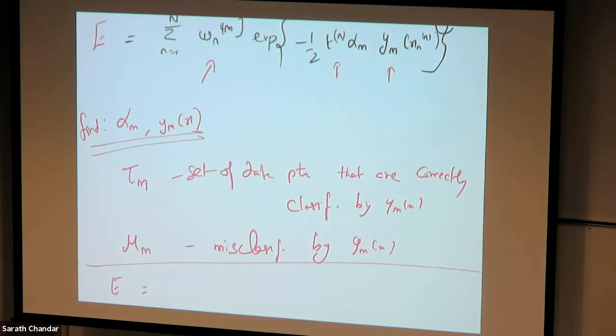This becomes e power minus alpha m by 2 times summation over n belonging to tau m of W n of m, plus e power plus alpha m by 2 times summation over n belonging to mu m of W n of m. When it is wrongly classified, the multiplication is minus, so minus multiplied by the existing minus becomes plus.